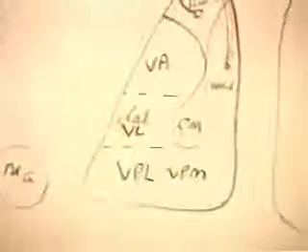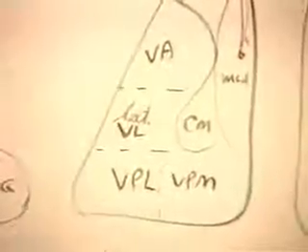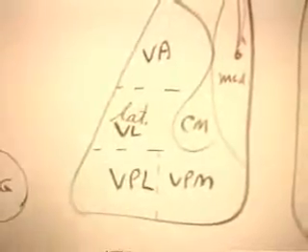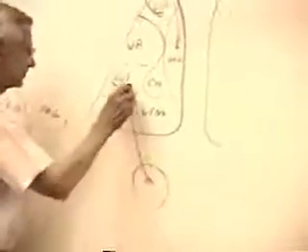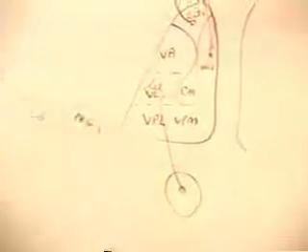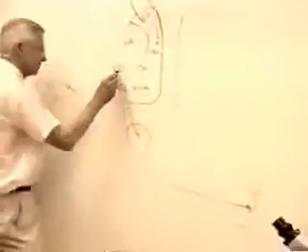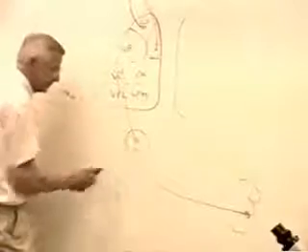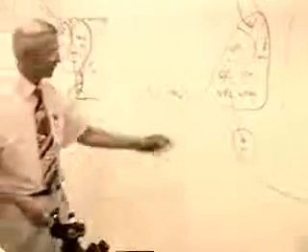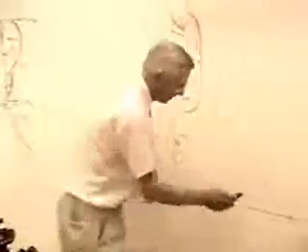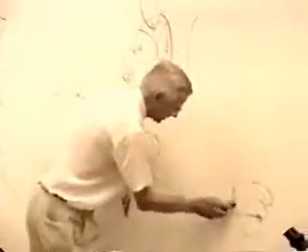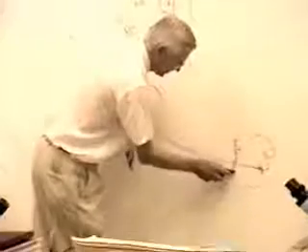VL is going to receive from the red nucleus and from the opposite dentate nucleus, either directly or indirectly, and this intermediate nuclei also.